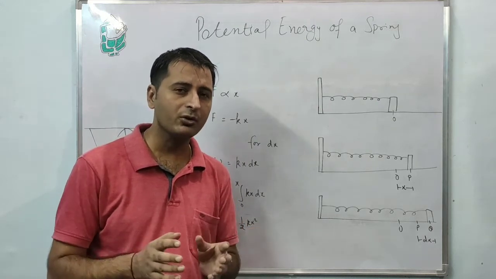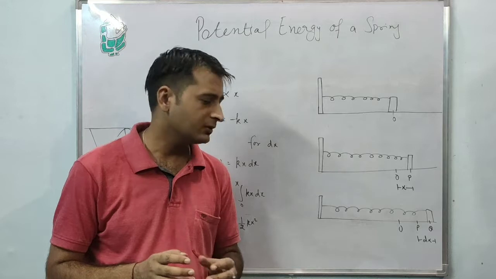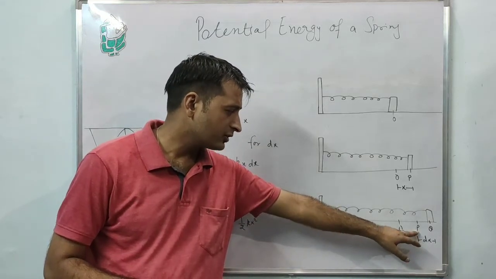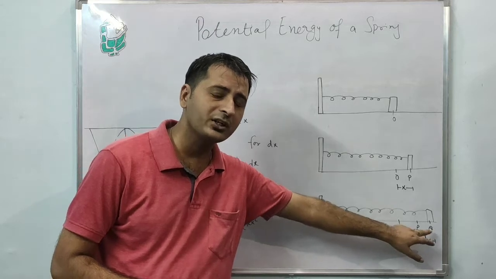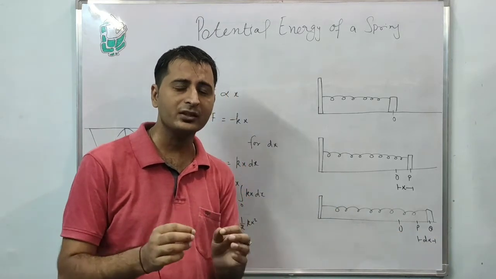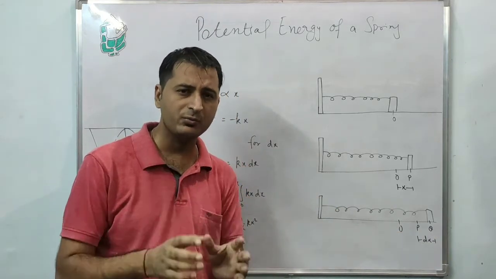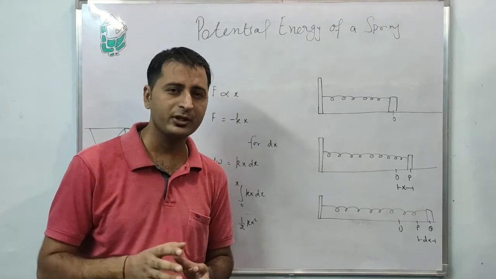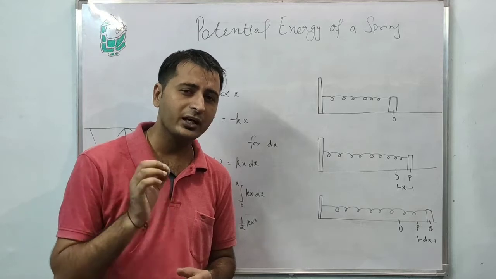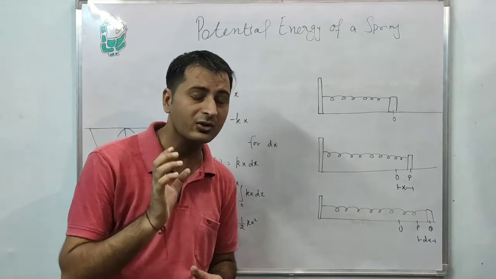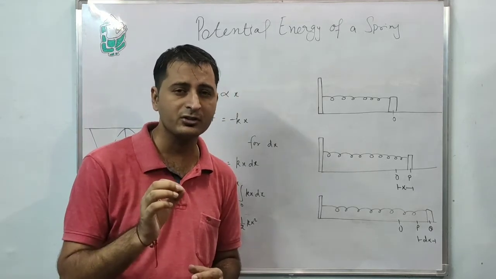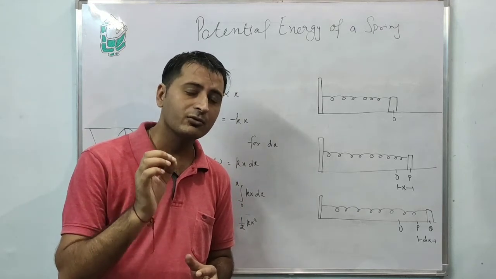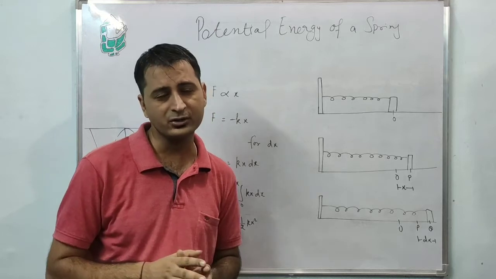So to avoid that problem, we take a small step of displacement. We consider a small displacement from point P to point Q, which is simply called dx. If the displacement is very small, the force will remain constant.